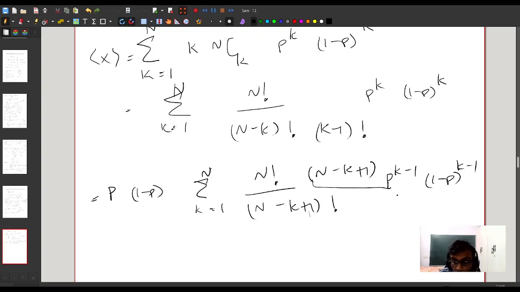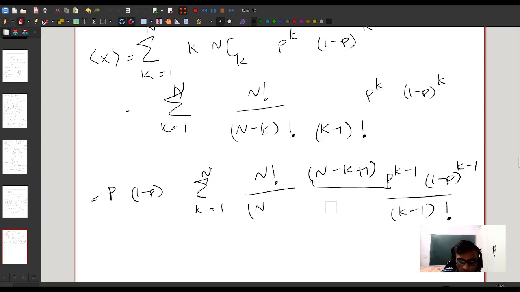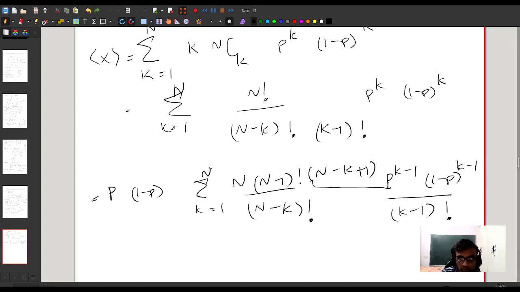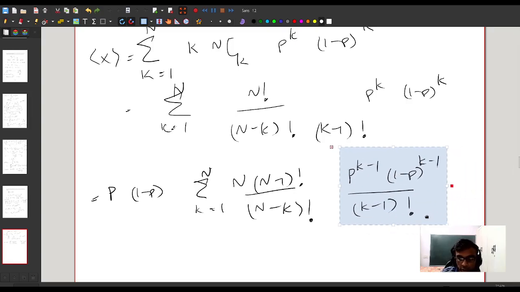So of course we have a k minus 1 factorial here. Let's leave it like this. So let us put everything together.